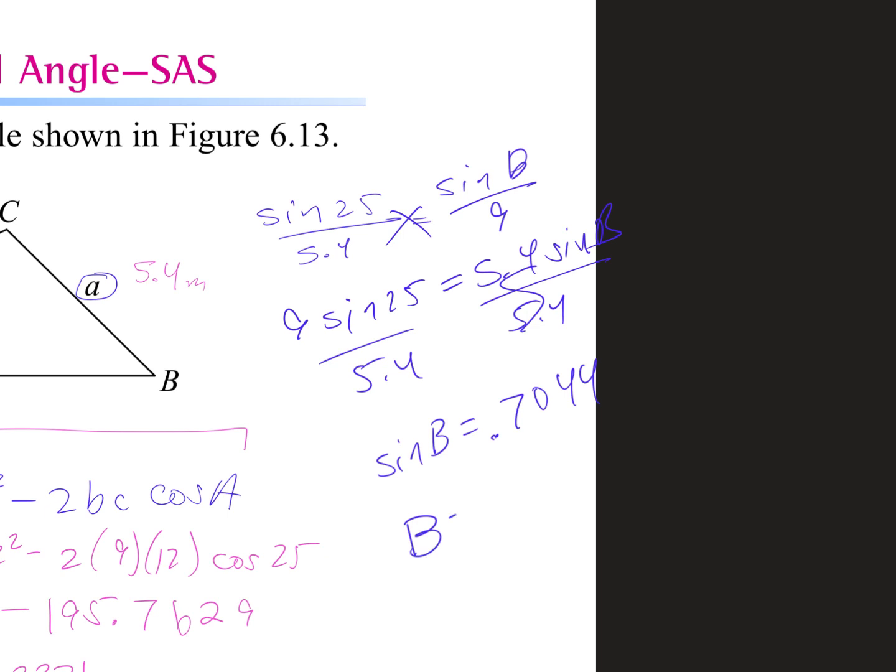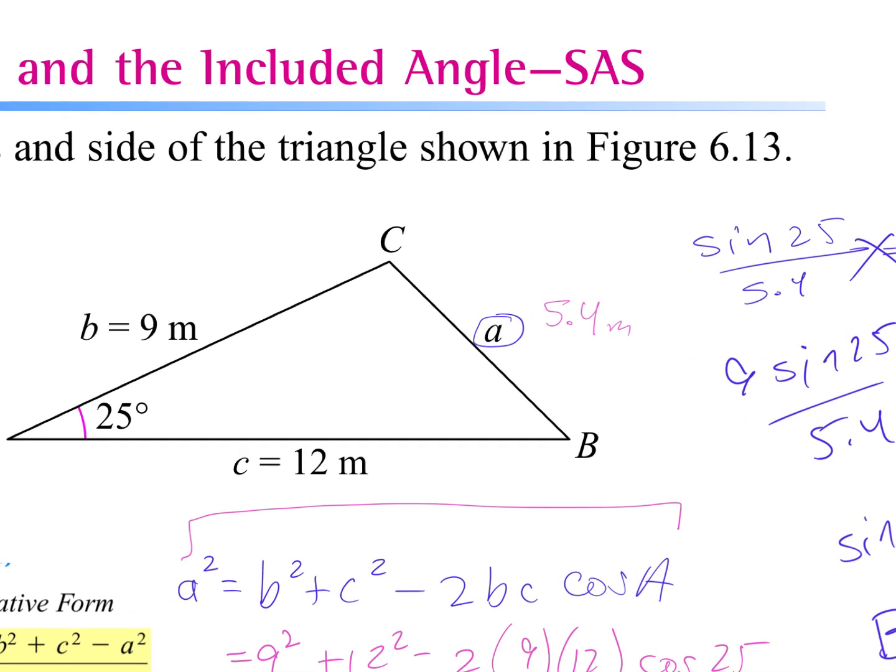And then second sine, second answer. What does angle B equal? You guys agree? Okay, that's what I got too. So 44.8 degrees. So angle B is 44.8 degrees.